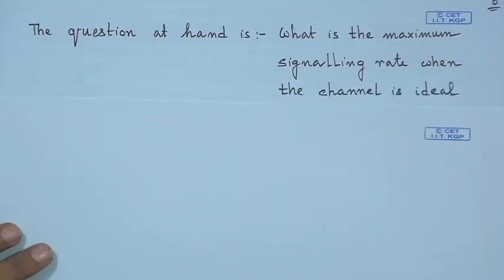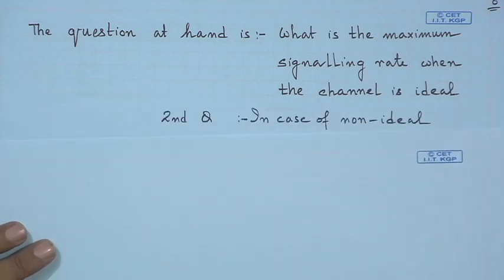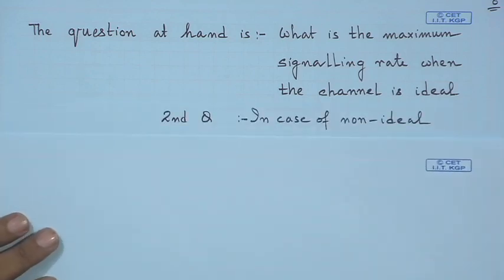So the question we are trying to address is, what is the maximum signaling rate when the channel is ideal? Even if the channel is ideal, that means it is restricted to a finite bandwidth, we will see that it can still result in inter-symbol interference, whereas when you have infinite bandwidth, the situation is different.